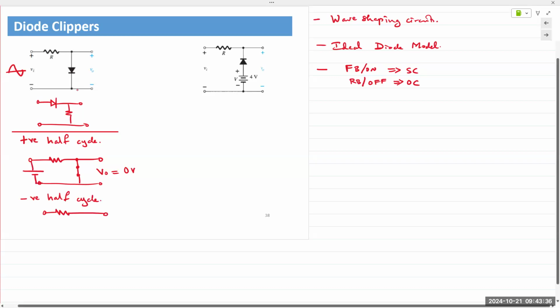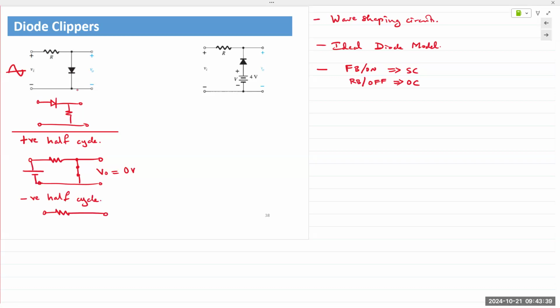Just strictly for analysis purposes. I found it helps me. When I was a student, and even now, when I want to analyze a circuit, if I'm analyzing for one half, I simply replace it with a battery or a DC voltage. It just helps me to analyze the circuit. So just a small suggestion.